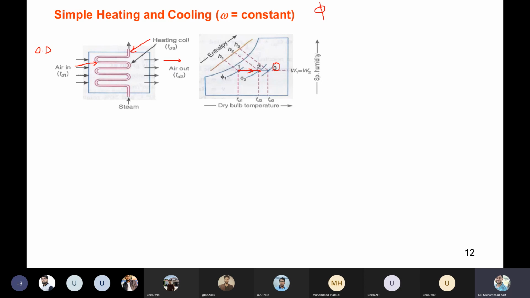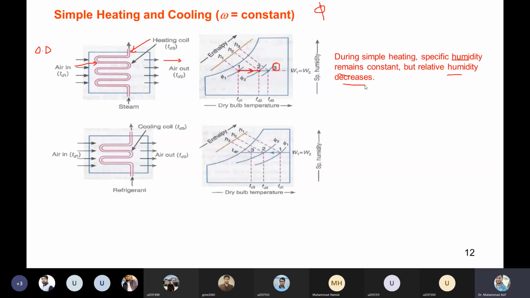That's why you should have a humidifier inside the room, or put some water inside the room so that, as a result of evaporation, the relative humidity does not decrease. So during the heating process only, omega remains constant, but the phi value is decreasing.